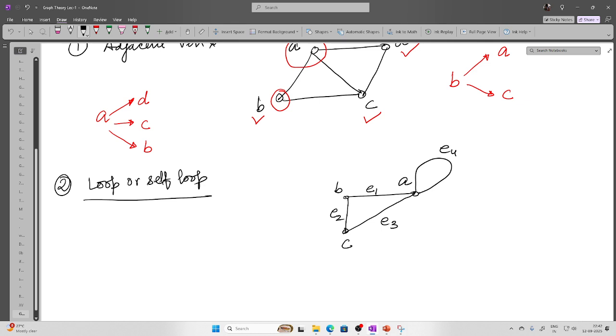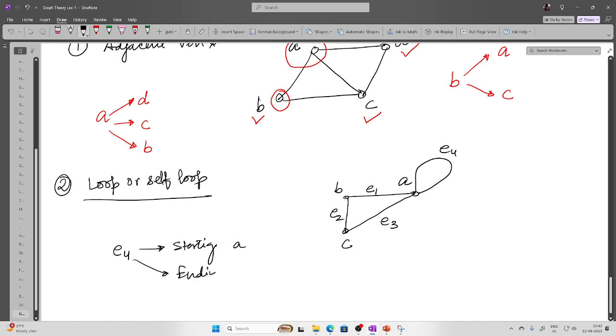That means an edge for which the starting and the ending vertex, initial and terminal vertices, are same. So, for edge E4, the starting is A, ending or terminal is A. So, as the starting and ending vertex for this particular edge is same, therefore, this edge is called as a loop or self loop.